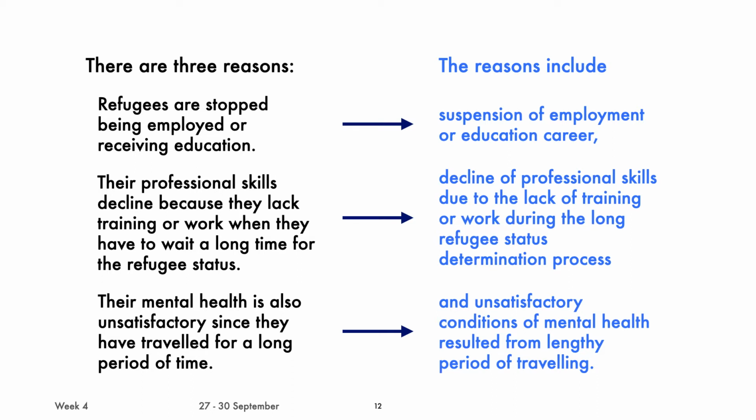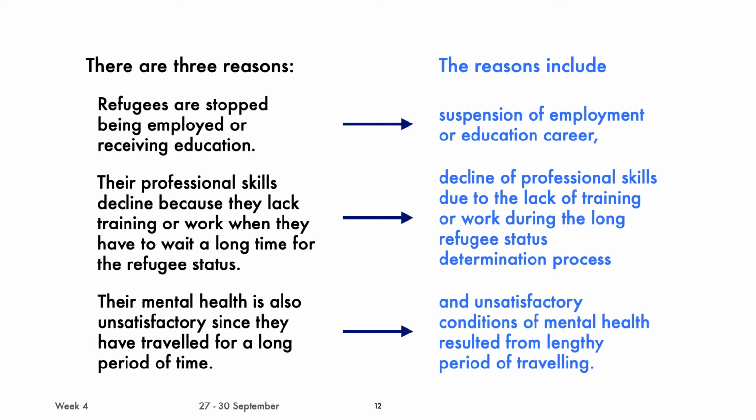So for the first sentence, refugees are stopped being employed or receiving education, we take out the verb stop and try nominalizing it, but unfortunately we don't have a noun equivalent. Okay, so maybe we can say we put it to a stop, but it's hard to turn it into a nominalization with a lengthy noun group.